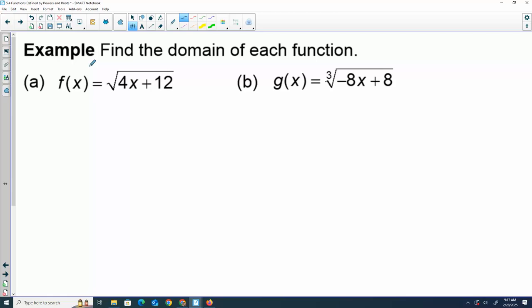You have to look at whether the root is even or odd, because they have different rules.